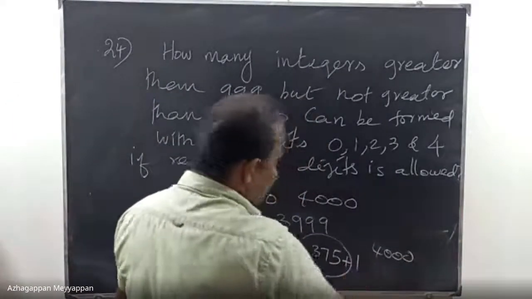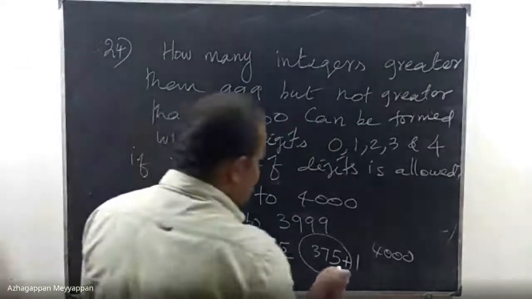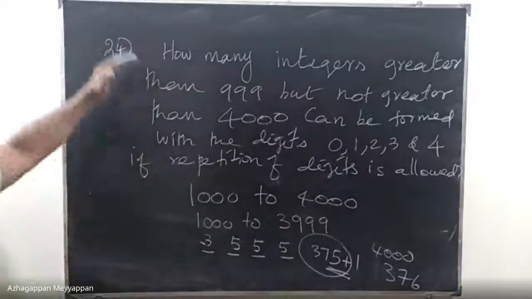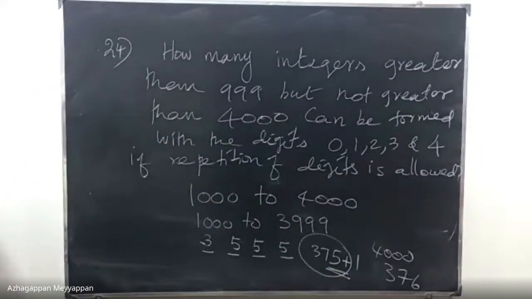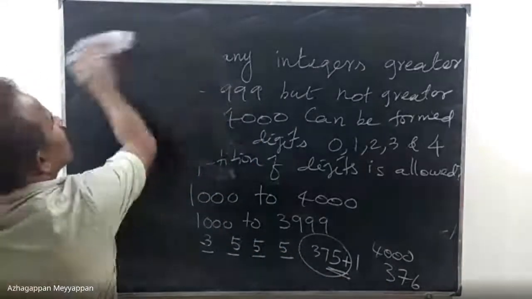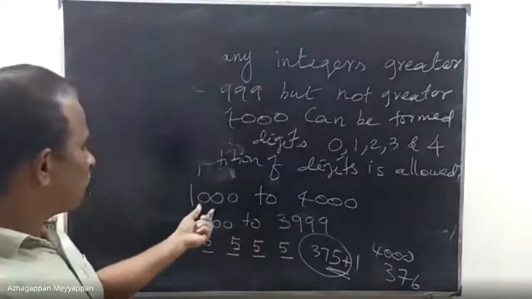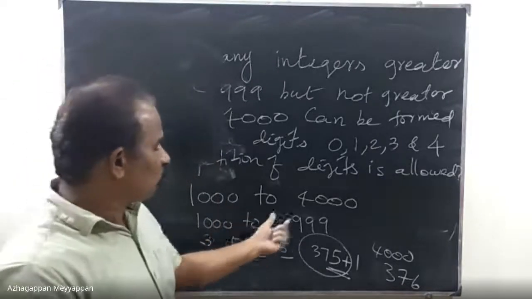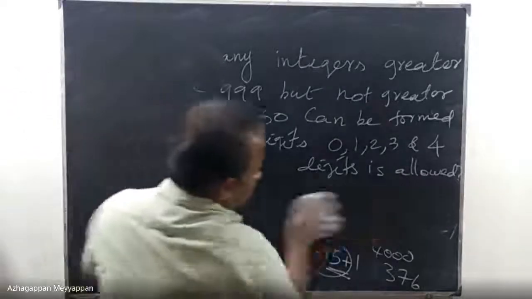Therefore 375 plus 1 is 376. So the total number of numbers possible is 376. Or otherwise we can calculate 1000 to 1999, 2000 to 2999 like this. Both will be the same.